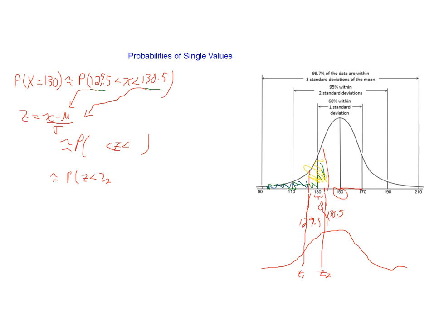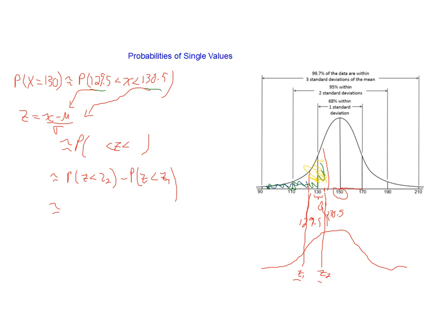Going back to finishing the equation, this would be the probability that z is less than z2 minus the probability that z is less than z1, using the z-scores we calculate. That would give us an approximate probability.